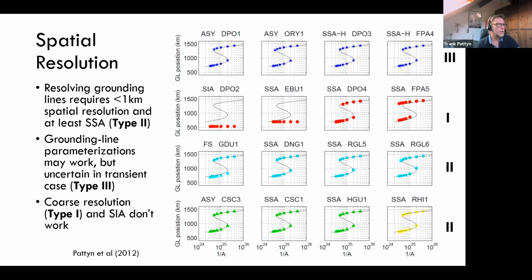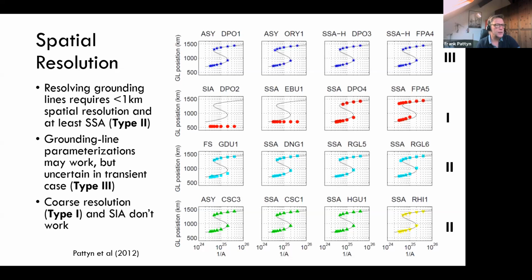So they do have the membrane stresses. The 2 is same type of models, but with a significantly higher resolution. So a spatial resolution inferior to 1 kilometer.